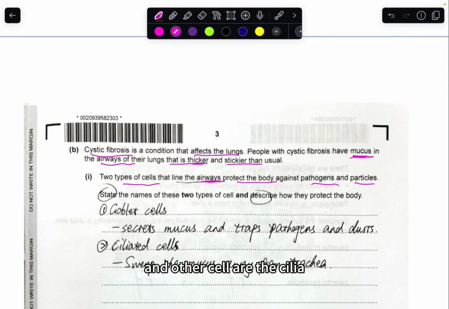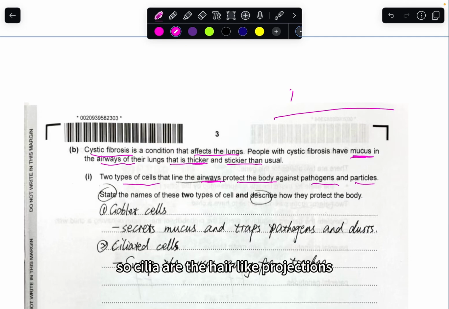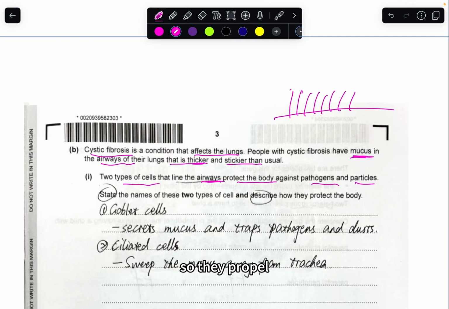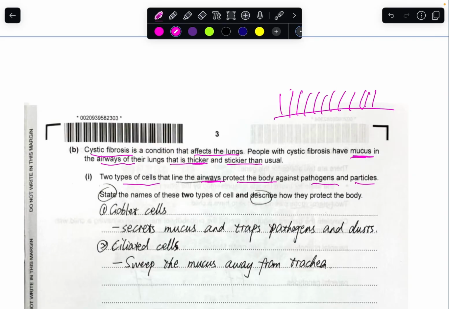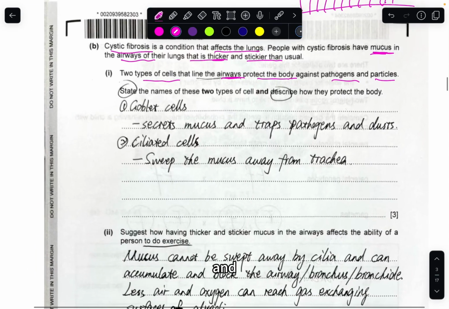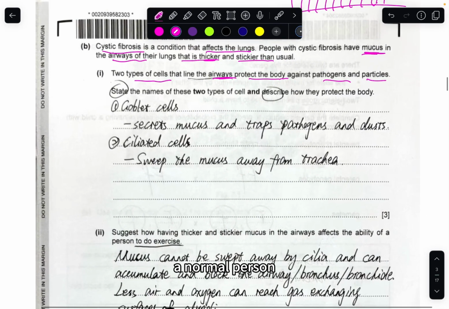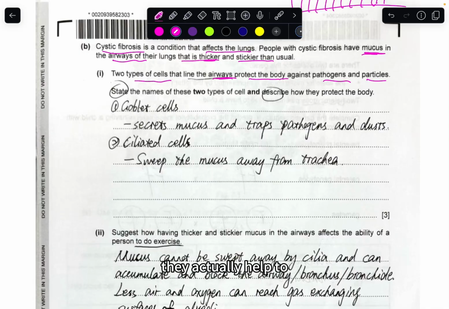The other cells are the cilia. Cilia are hair-like projections. They propel and move the mucus to keep the trachea clean. So there are two types of cells, and in a normal person, they help to clean the airway and help the person to breathe normally.